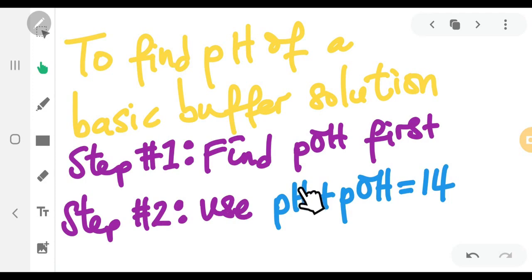As you can see, it is not as straightforward as an acidic buffer solution, where to find pH you can directly use pH equals pKa plus log of the concentration of conjugate base over concentration of weak acid. But in this case, we have to follow these two steps to find the pH of a basic buffer solution.